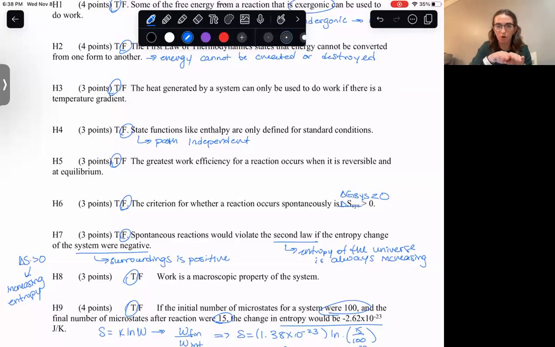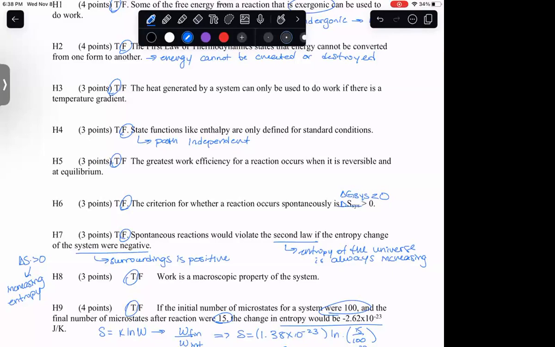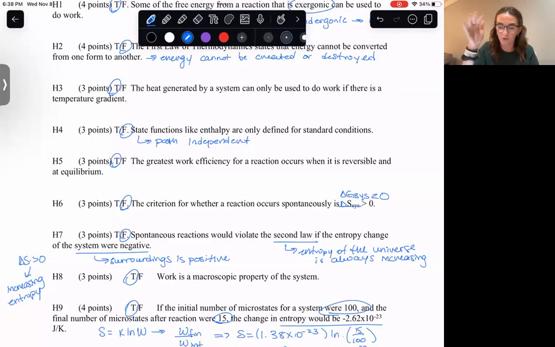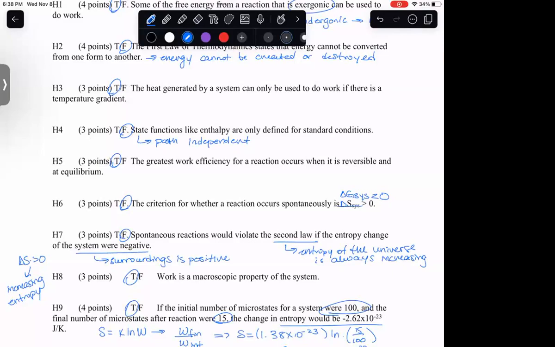If this one was super hot and this one was super cold, I would put them together and eventually they would get to the same temperature because this one is transferring its heat to this one. But it says only, so nothing else can do it. Yes, it only works if there's a temperature gradient. So work is directly related to temperature, I guess.